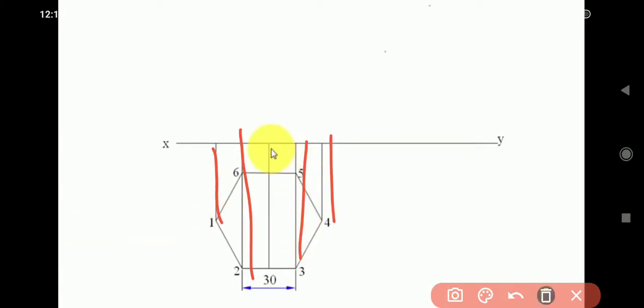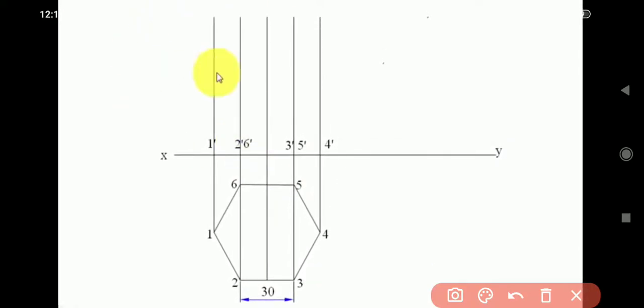And the same lines extend up to the 75 mm height. As the height of the prism is given as 75 mm, then give all the numbers to the front view diagram. So this one point is seen here, and 2 and 6 over here, and 3 and 5 and 4 point, and complete the shape of the front view.